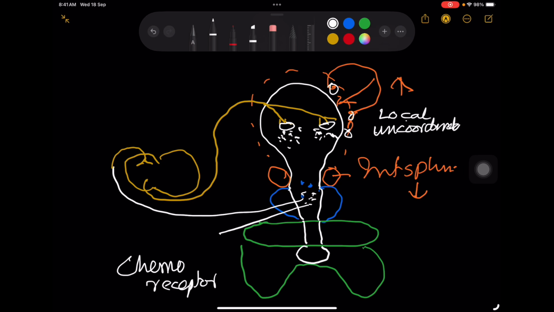And also, this spinal cord conveys to the cortex that you need to go to the bathroom.